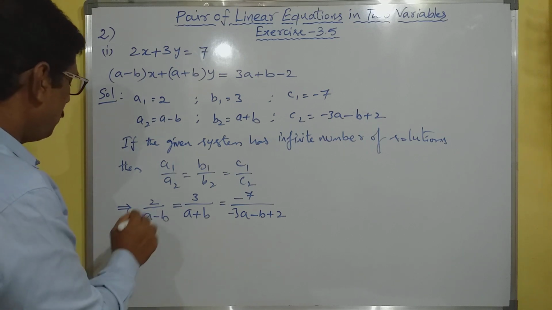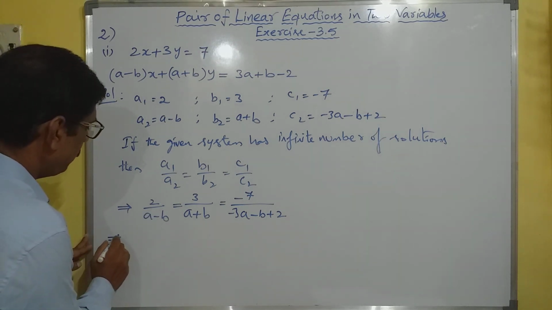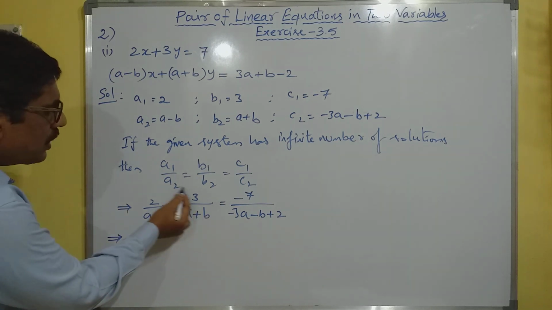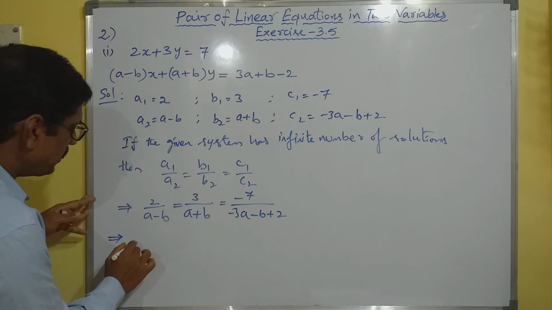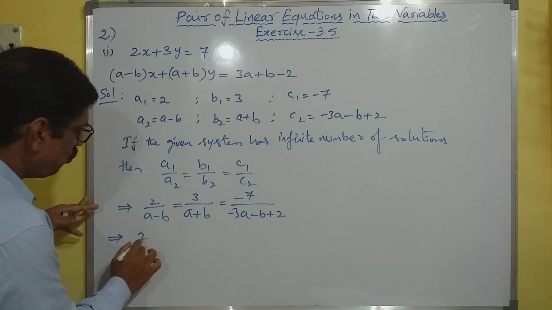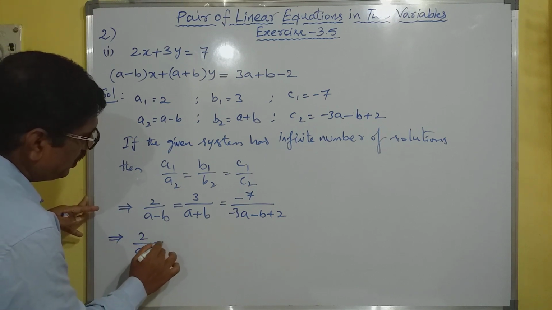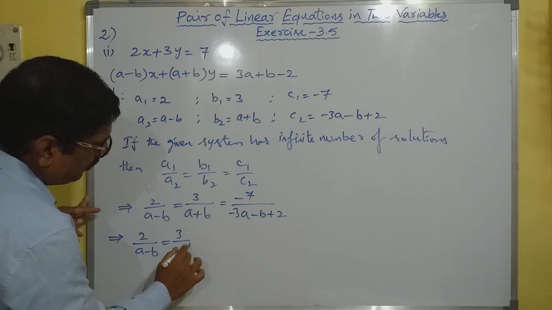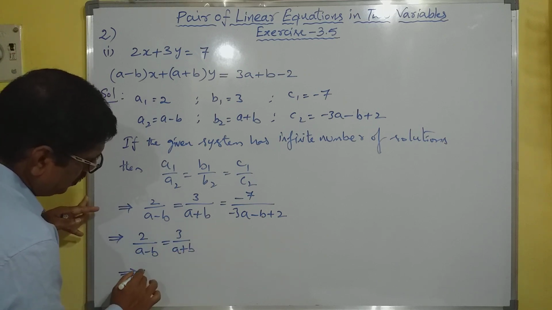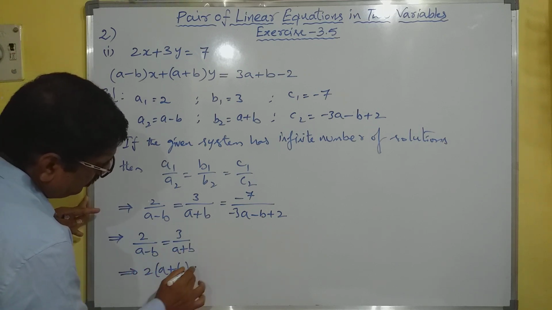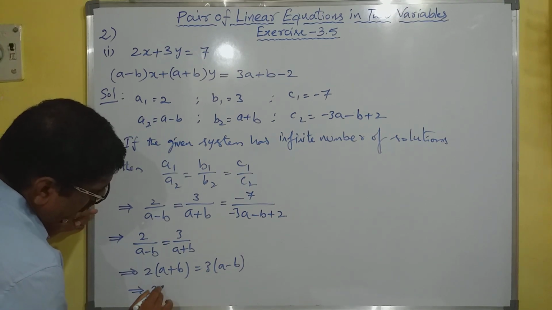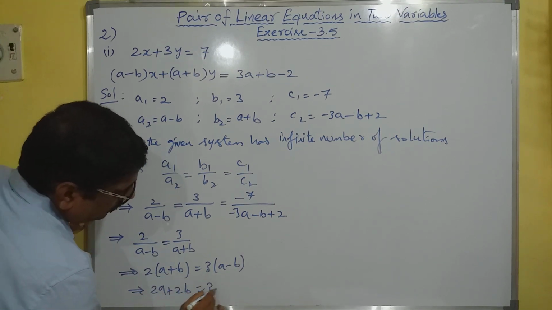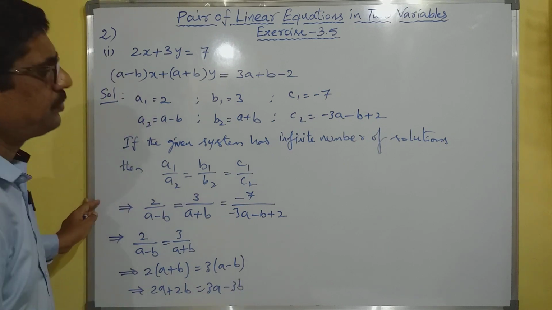Now you look at this. If you take the first two terms and cross multiply, you get 2 by A minus B is equal to 3 by A plus B. Cross multiplying, we get 2 into A plus B is equal to 3 into A minus B. So we get 2A plus 2B is equal to 3A minus 3B.